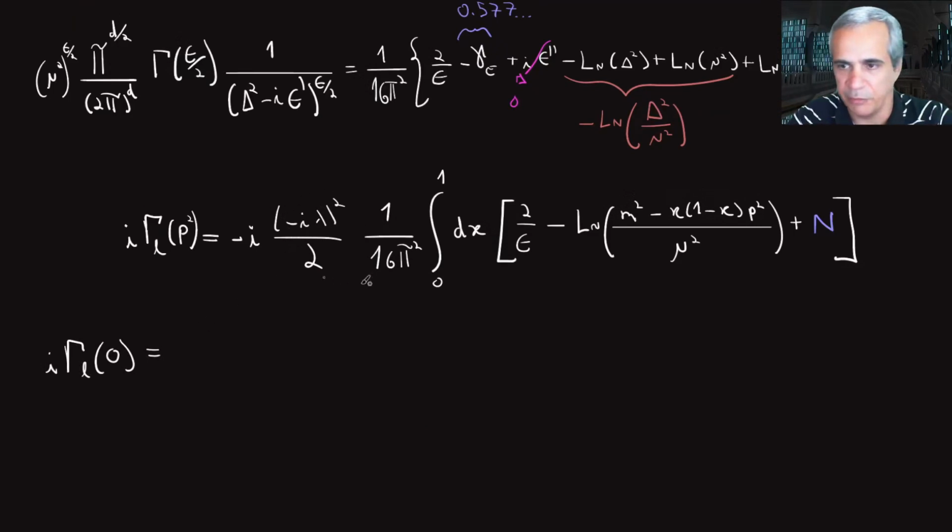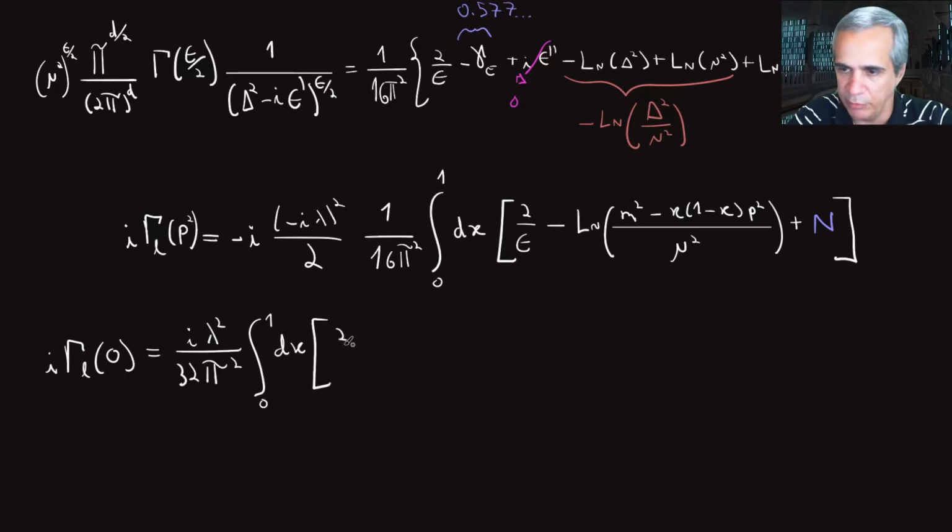Right? I just have to repeat everything here, and now I'll just simplify everything. There's a -1 coming from here, so that's just I lambda square, right? There's a 2 here, so it's 32 pi square, right? Integral from 0 to 1 dx of this thing, right?